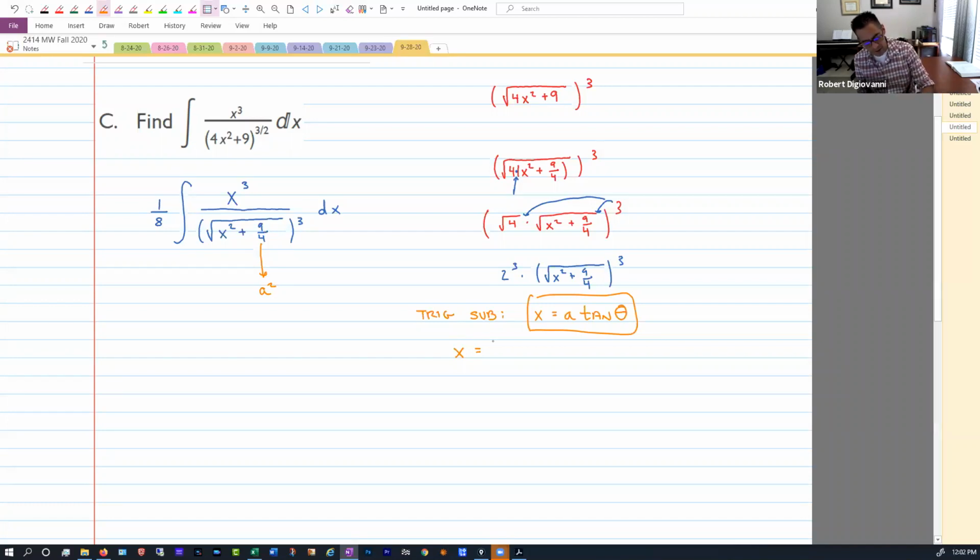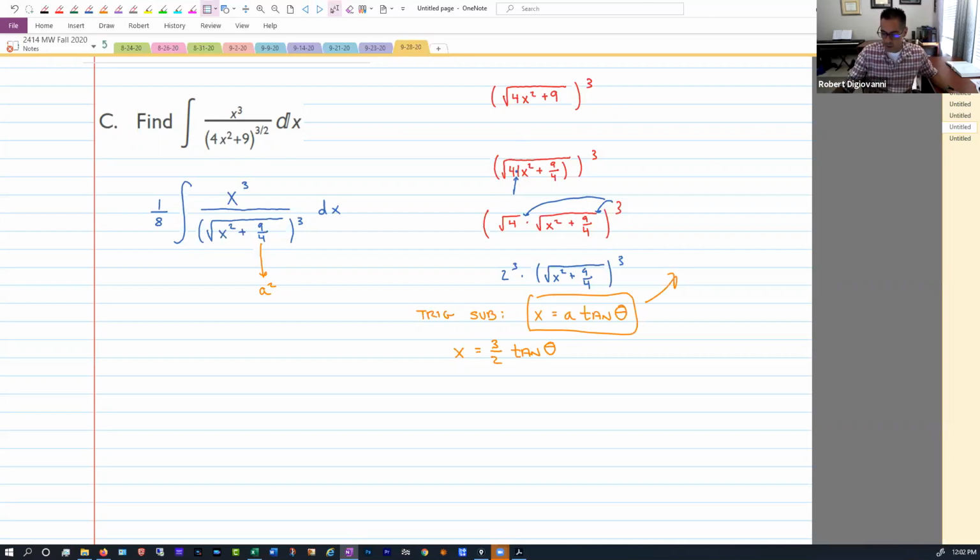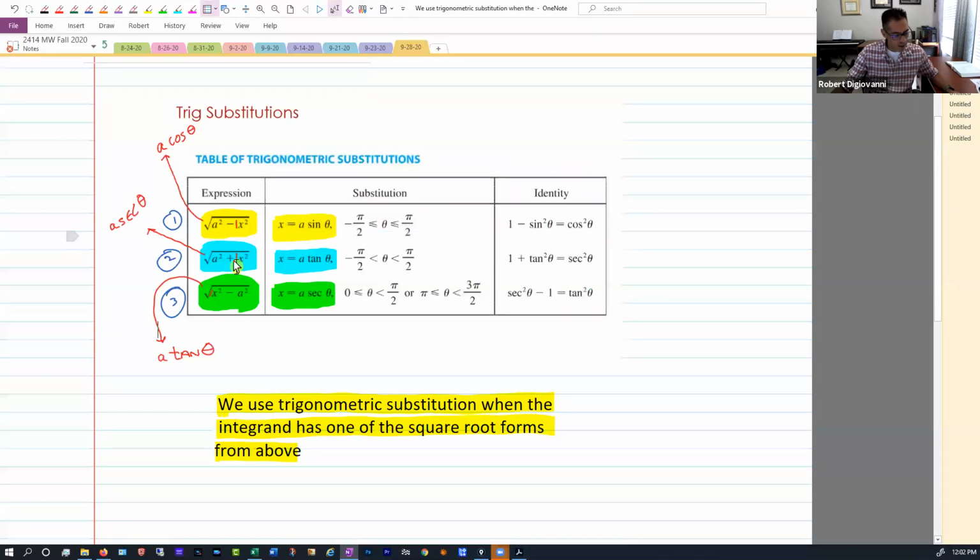So for us, a is 3/2, and then tan theta. So Nick, what you did is you just took this and solved it for a algebraically, which is not what I was asking for. What I was asking for was, if this is the form we have, and we're going to be using formula 2 here, then you need to figure out what a is. And a is, if the number that's by itself is a squared, so you have to take the square root of that to get a.